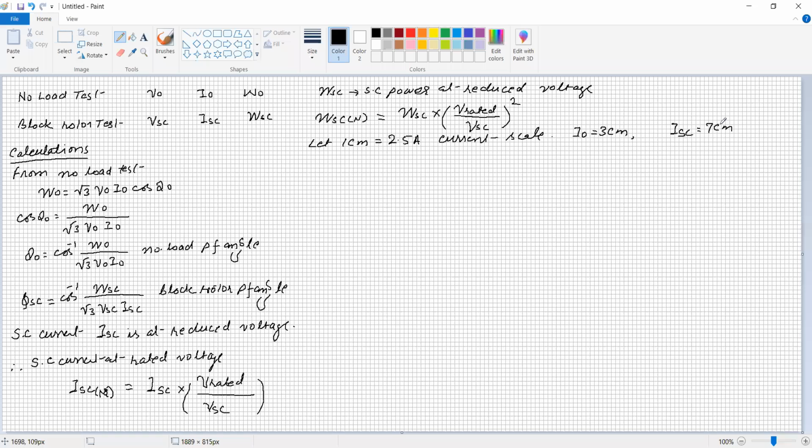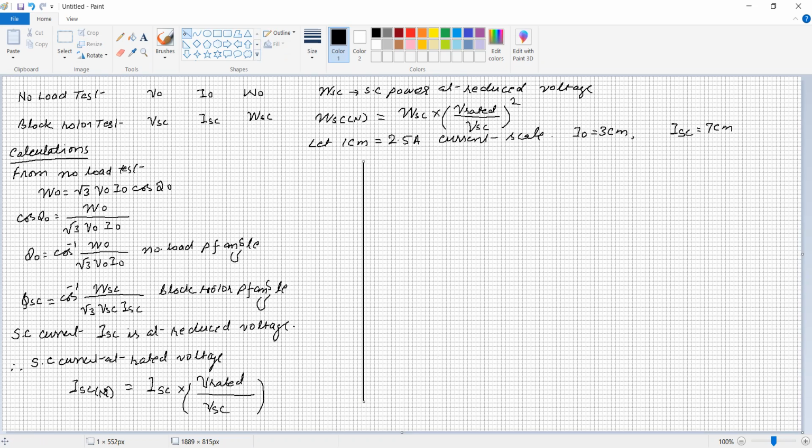So we have to take the scale of 1 centimeter equal to how many ampere, and from this we find out the no load current and the short circuit current in centimeters. Now start the construction of the circle diagram.